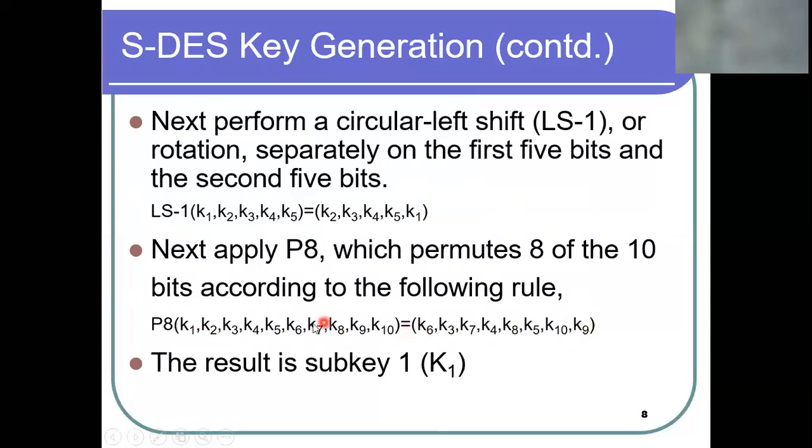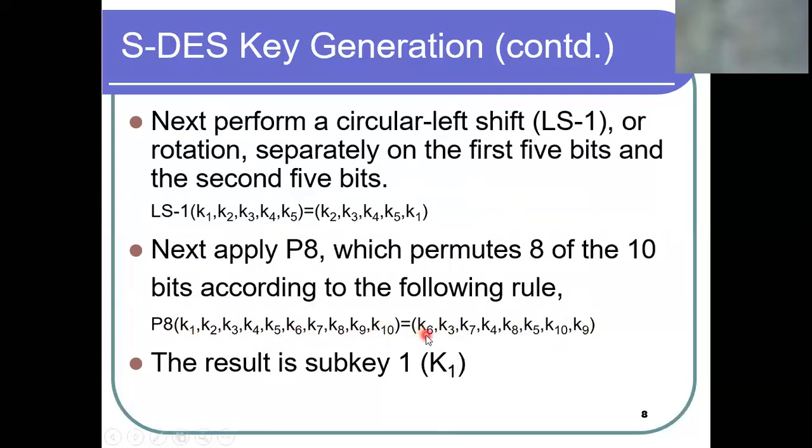Let us say from this we have to permute like a compression permutation. P8 is like a compression permutation that takes a larger input and maps it on a smaller output.